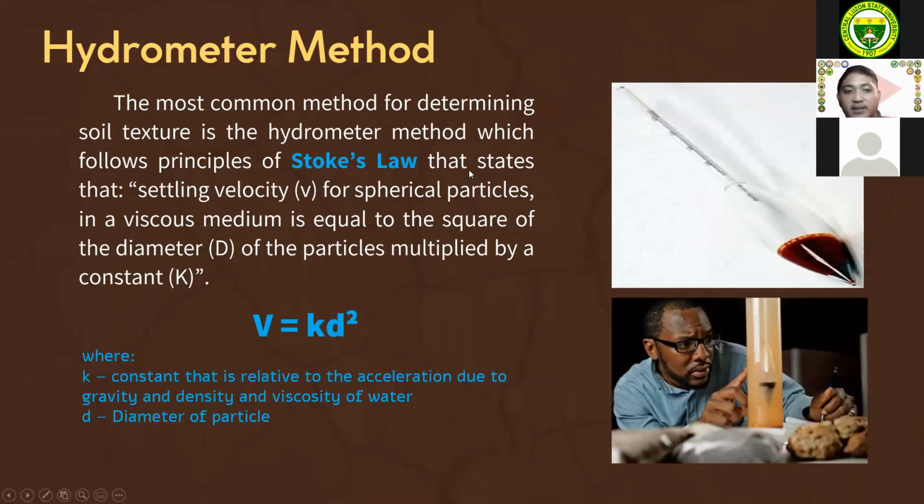So Stokes' Law states that settling velocity, which is V, for spherical particles in a viscous medium is equal to the square of the diameter of the particles multiplied by a constant K. So it gives us the equation V, the settling velocity, is equal to K, a constant, times D squared, the diameter of the spherical particles. So Stokes' Law, ito yung law na ginagamit natin sa hydrometer method and also later on sa pipette method.